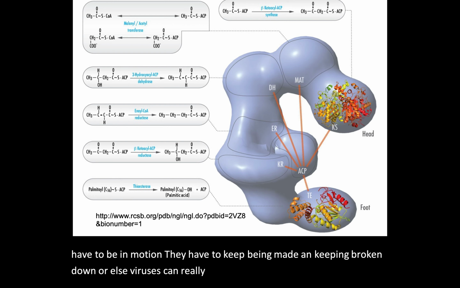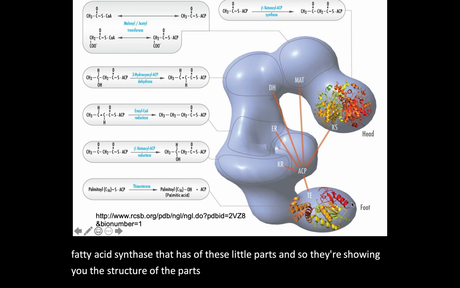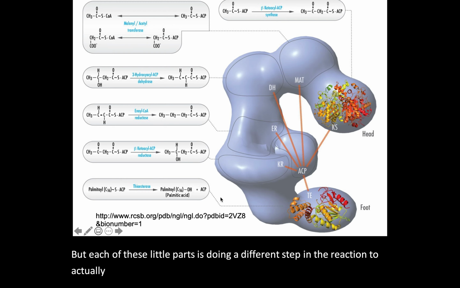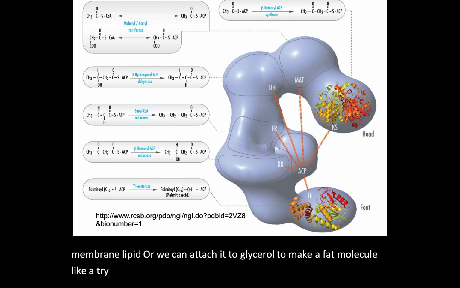There's a big enzyme called the fatty acid synthase that has each of these little parts, and they're showing you the structure of the parts that we've actually solved. Each of these little parts is doing a different step in the reaction to build a fatty acid molecule, which we can then attach to make a membrane lipid, or we can attach it to glycerol to make a fat molecule like a triacylglycerol.